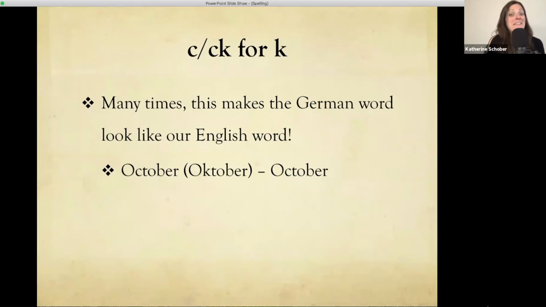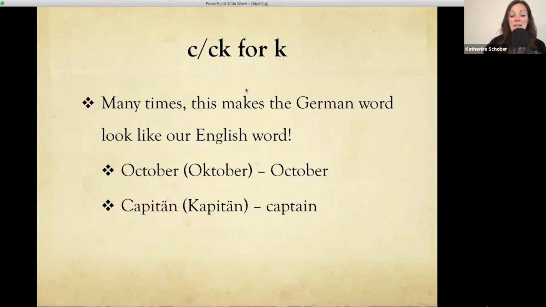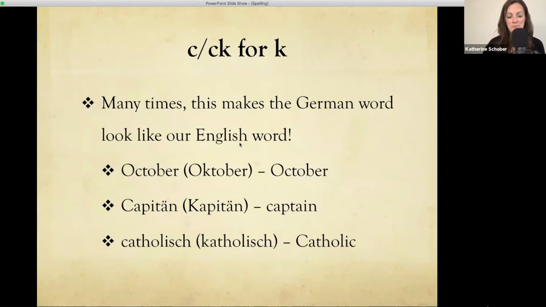So that makes it even easier to recognize for us English speakers. You might see Kapitän with a C instead of a K for the word captain, again, making it look more similar to our own English word. Or katholisch with a C instead of a K for Catholic, making it look more like our word Catholic.